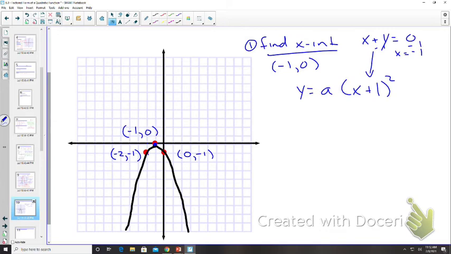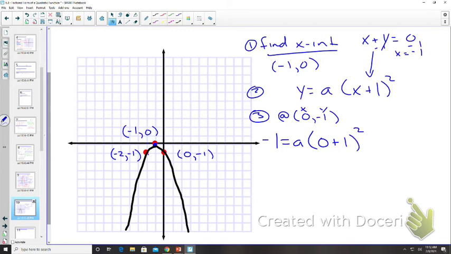Okay, so we found the x-intercept. Step 2 was writing it in our factored form. Step 3, we need to find a by substituting in a known ordered pair. So I'm going to use 0 and negative 1. So this is my x, that's my y. So I'll have negative 1 is equal to a, 0 plus 1 squared.